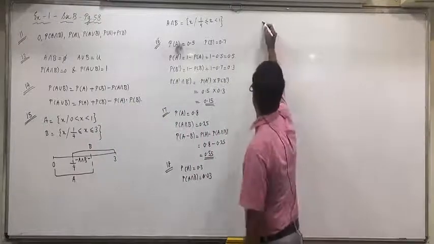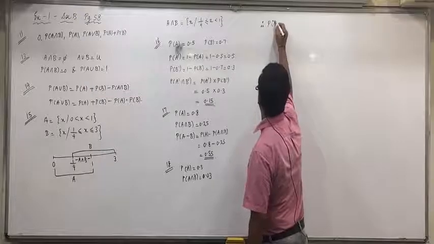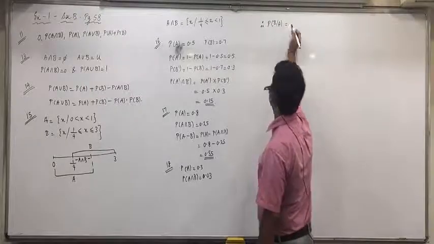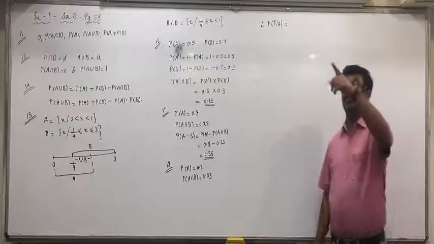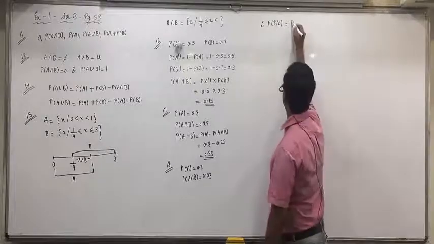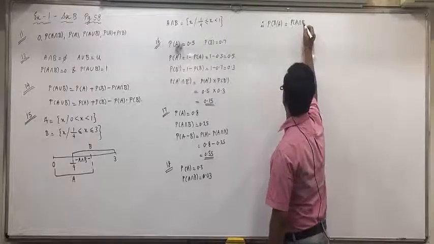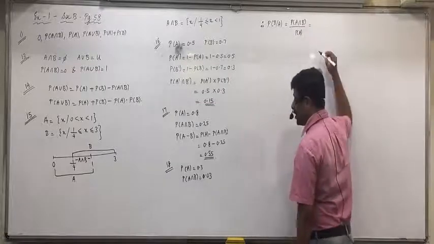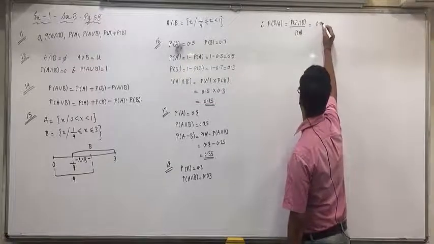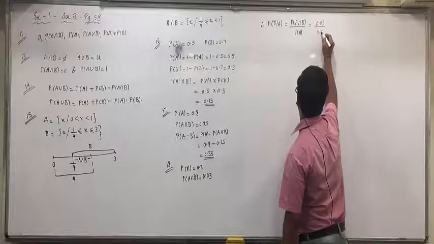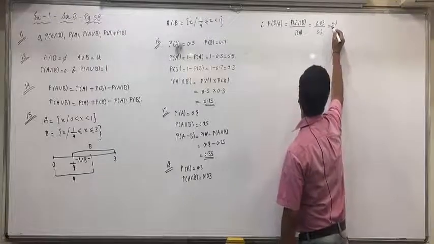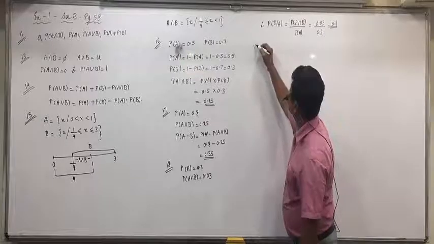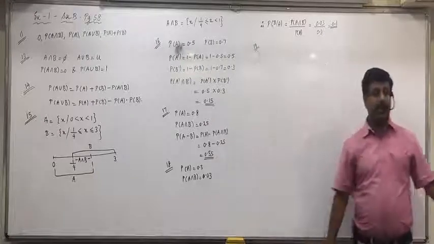What is the formula of P(B/A)? P(A intersection B) upon P(A). So 0.03 upon 0.3. Is it 0.1? Yes. All are clear with this?